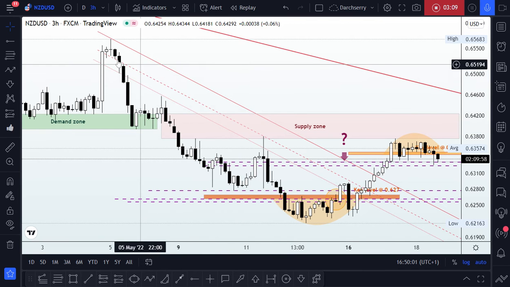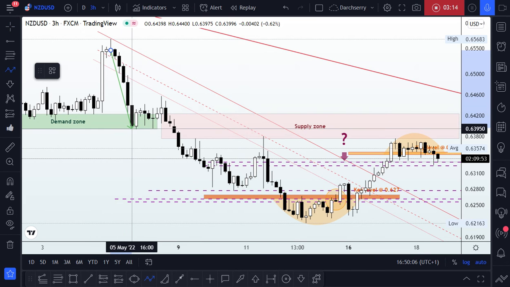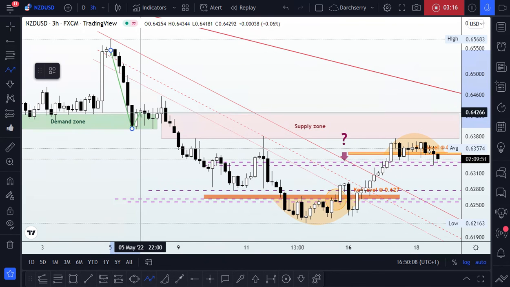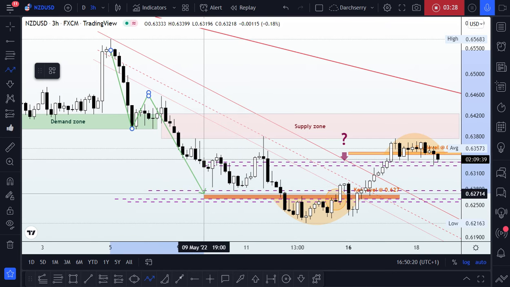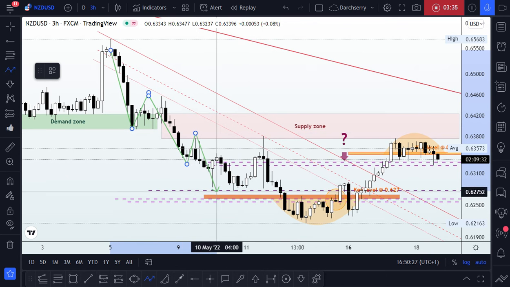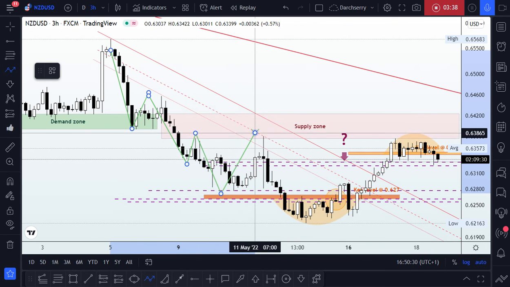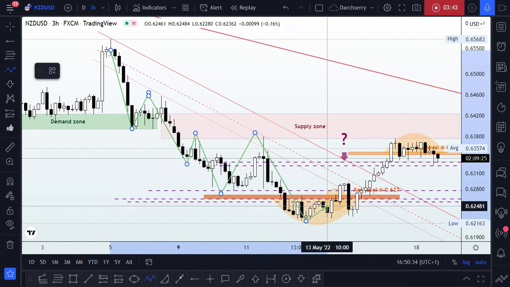If you look at what has been happening since the beginning of the month, we saw that impulse leg where a level that had been holding price action for over a week became an area where sellers gathered to take advantage of the market. Since the breakdown of that demand zone, price has been holding that supply zone, that 0.63850 area, which is also respecting that ray of bearish trend line we identified earlier.